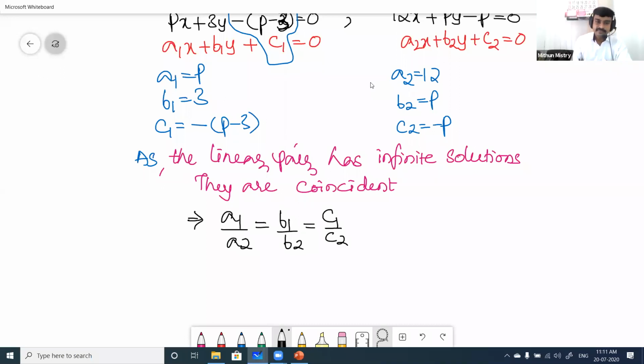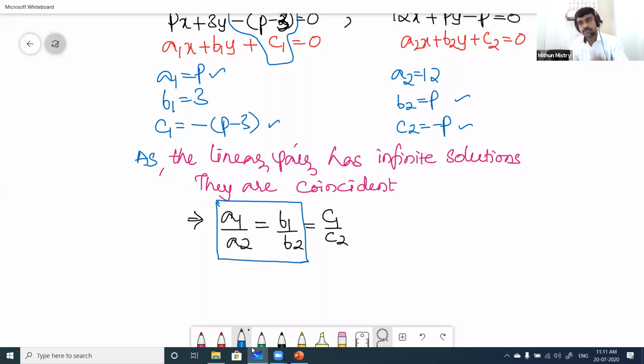Now substitution, first step. Before substitution, we should consider which one we will take. What we want is P. So where is P there? P is there in A1, P is there in B2, P is there in C2, P is there in C1. So you can take any two. I will be taking A1 by A2 is equal to B1 by B2. Some of you can take B1 by B2 is equal to C1 by C2 also, and you can try.